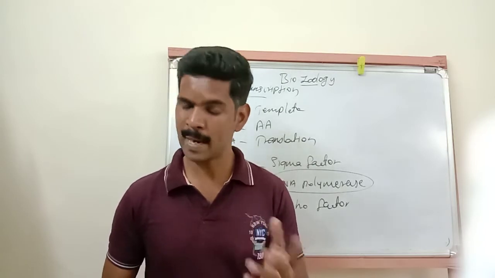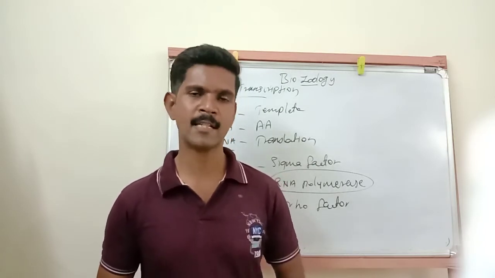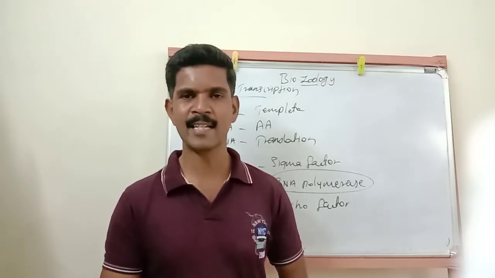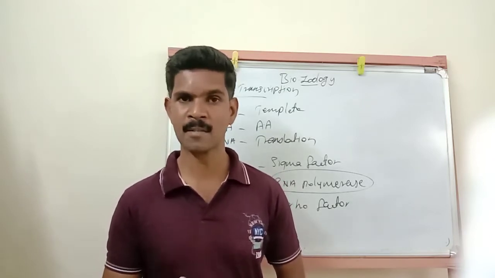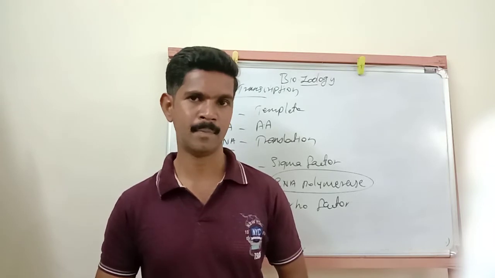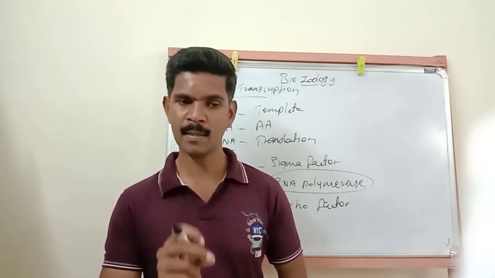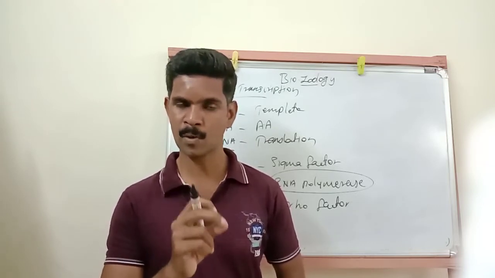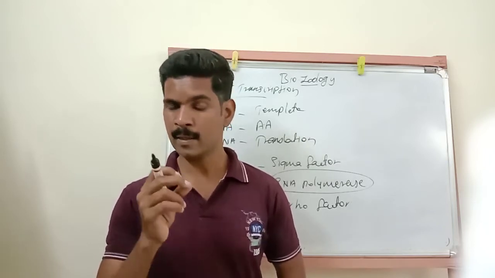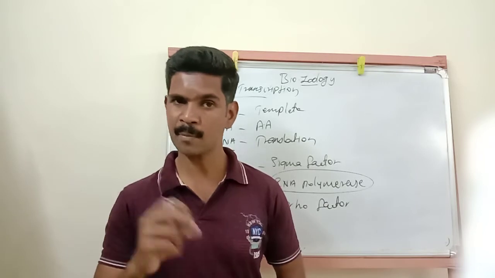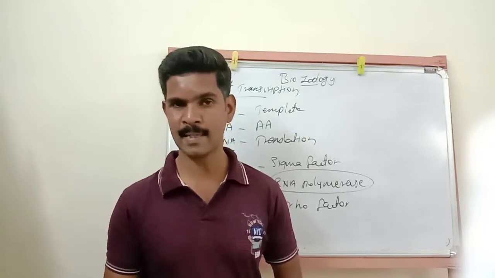In bacteria species, the transcription and translation processes take place simultaneously. Transcription means the process of production of RNA from DNA. Then the process of production of protein from the RNA is called translation.